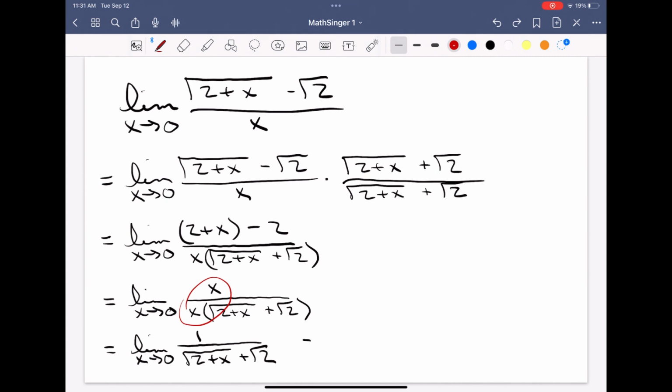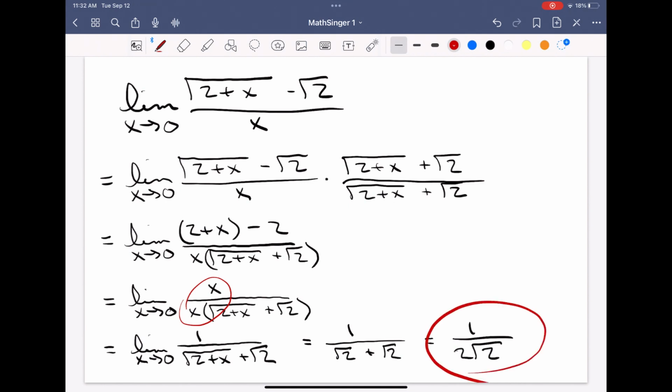The numerator is 1. The denominator is the square root of 2 plus the square root of 2. And so we have a final answer of 1 divided by 2 square roots of 2, which you will find is very near 0.3535. This is the exact value of our limit.